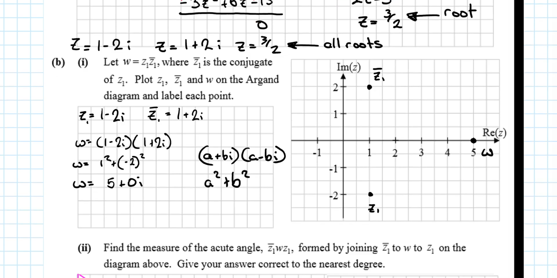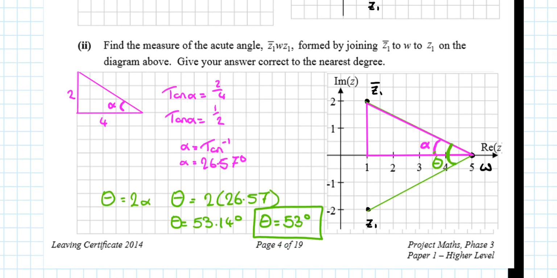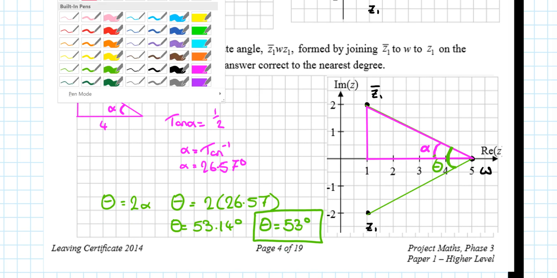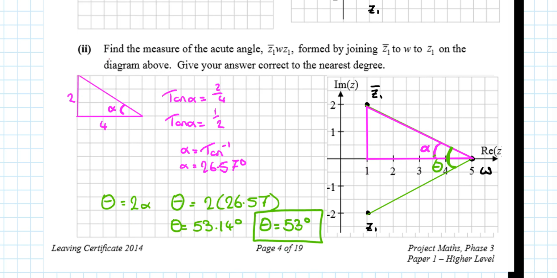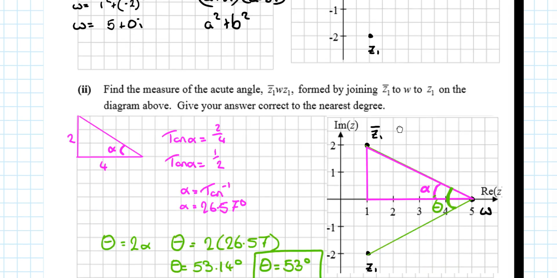The next part of the question then asks us to find the angle. Find the measure of the acute angle z1 w z1 conjugate. So I'm looking for that big green angle there. I'm looking for theta, the green angle.